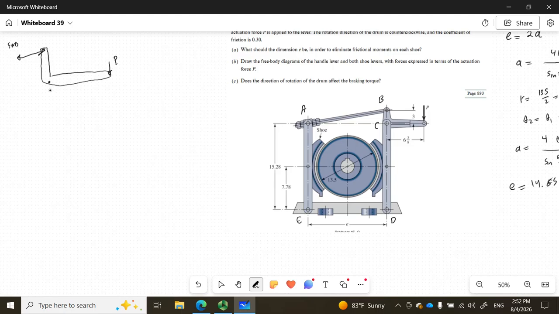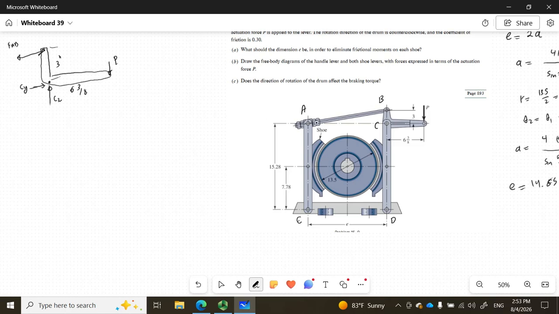And then at this pivot, I have forces CX and CY. So let's find these forces first. This length is 6 and 3/8, and this height is 3 inches. You're going to find everything in terms of P.